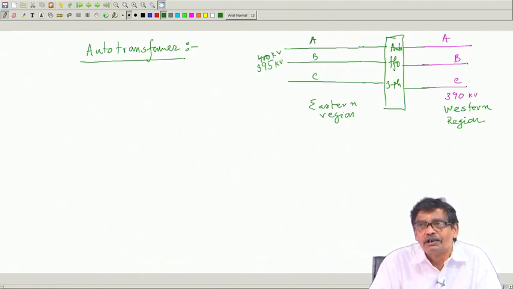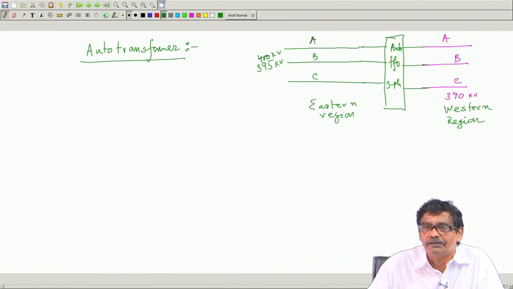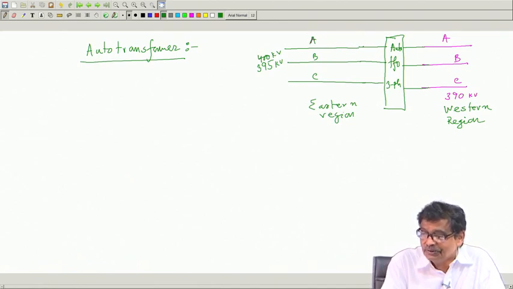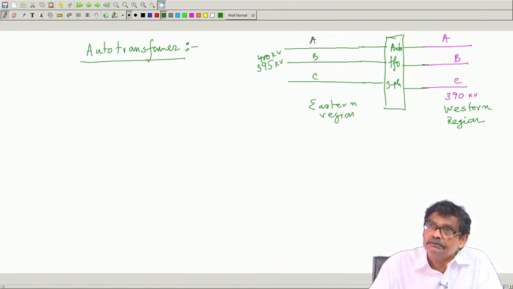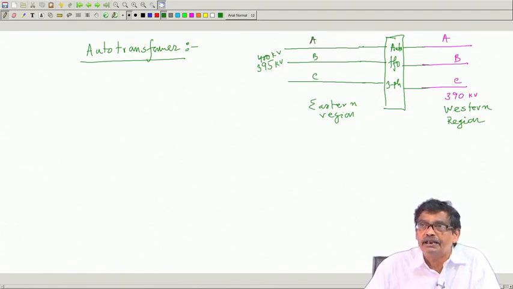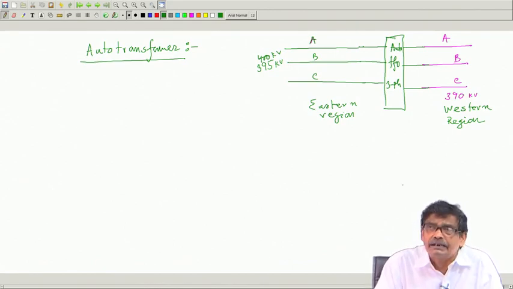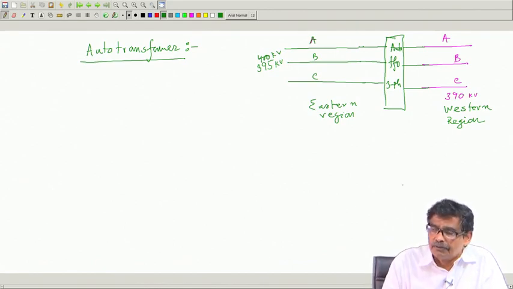Nothing is better than an auto transformer, because the turns ratio or the voltage ratio is close to 1. You will be saving a very large amount of copper, and the size of the auto transformer will be less. So, this is one very practical use of a 3-phase auto transformer.